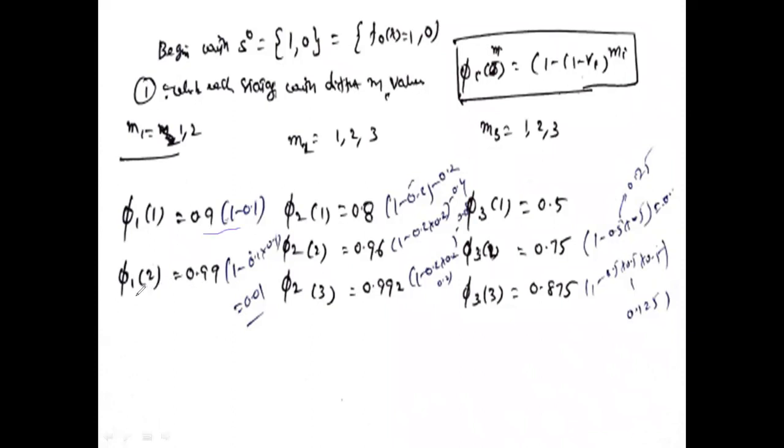Next, the reliability of d1 if the number of devices in stage 1 is 2 is 0.99, by the same formula.